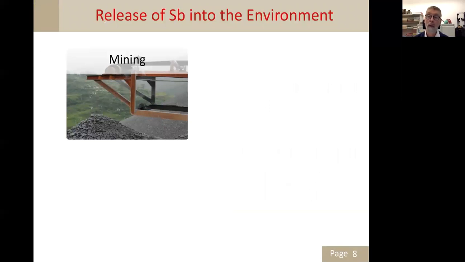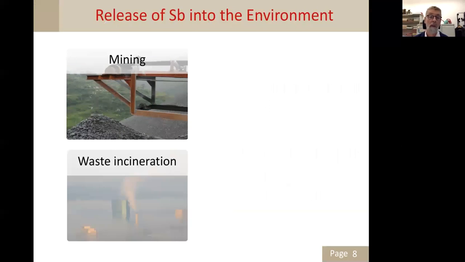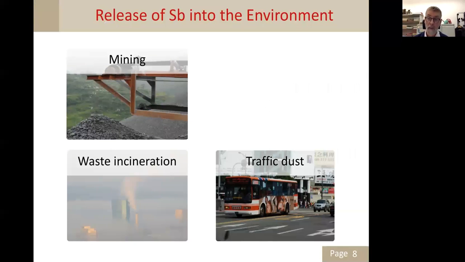And so it's no wonder that we also have increasing release of antimony into the environment, at first through mining processes, then also with the incineration of wastes that contain antimony. Then, for example, through traffic emissions, which are primarily due to the brake liners.